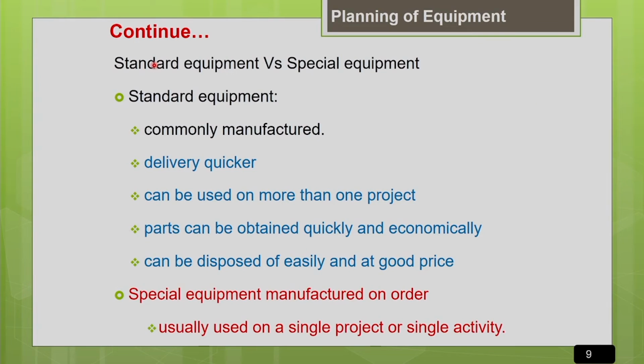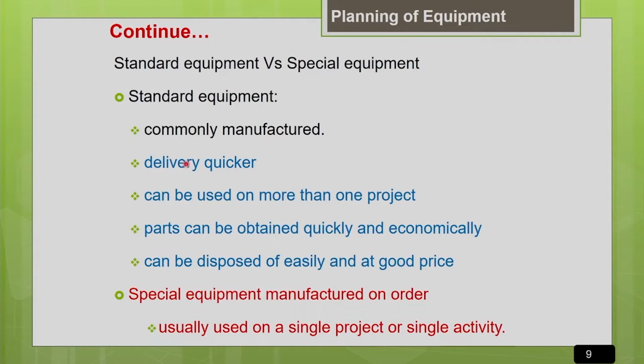Now let us look into the merits and demerits of going for either standard equipment or special equipment. Let us compare the merits and demerits of both these options. When you go for standard equipments, they are commonly available because there will be a lot of manufacturers, since it is used commonly in so many construction project sites.